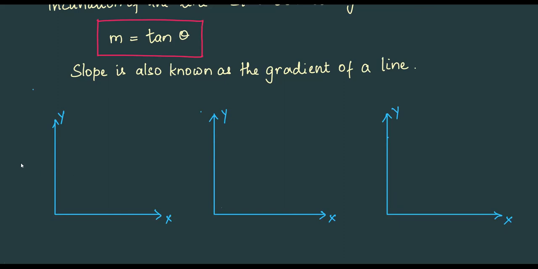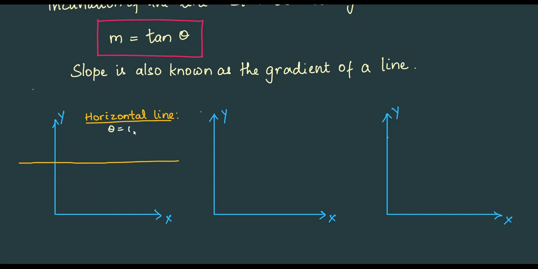First thing, now slope of a horizontal line. This is example 1. So for a horizontal line, inclination is what?